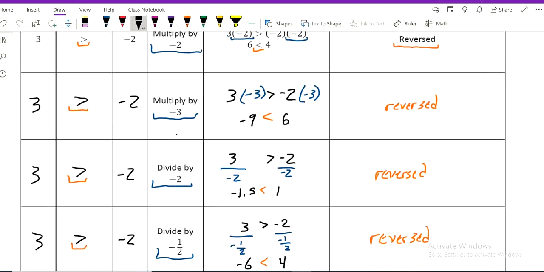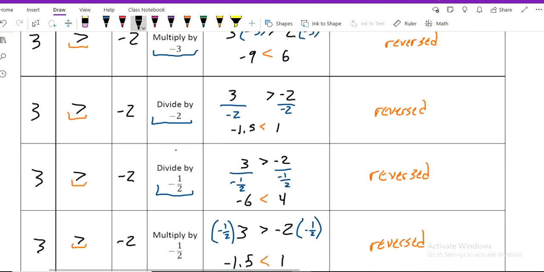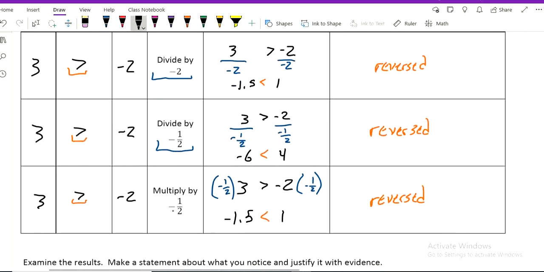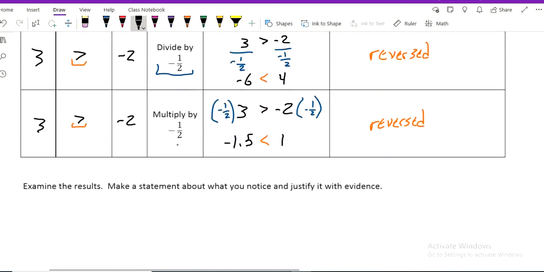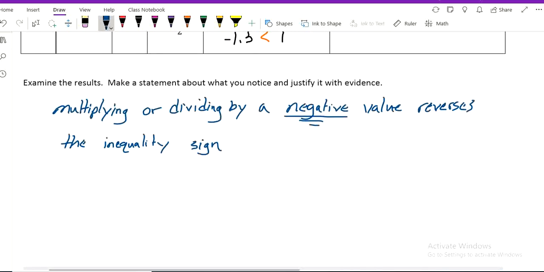Here we have -2, here we have -3, -2, -1/2, and -1/2. So the thing that's in common is that we multiplied or divided by a negative each time. So here's what we will say: multiplying or dividing by a negative value reverses the inequality sign.